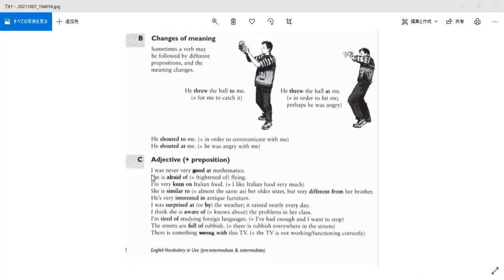Karena kalimat ini nggak bisa dipisahin gitu loh. Kalau good at-nya dipisah, I was never very mathematics, like that. It's not going to be a good sentence if you make it in Indonesian. Saya tidak pernah sangat matematika. Like that if you did not use good at.